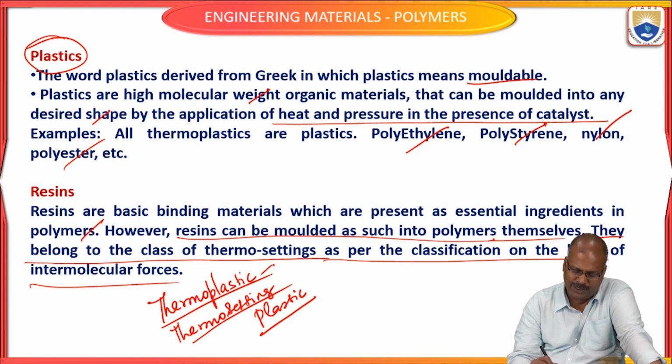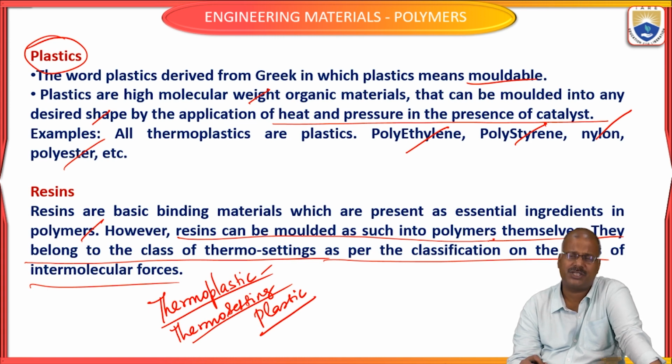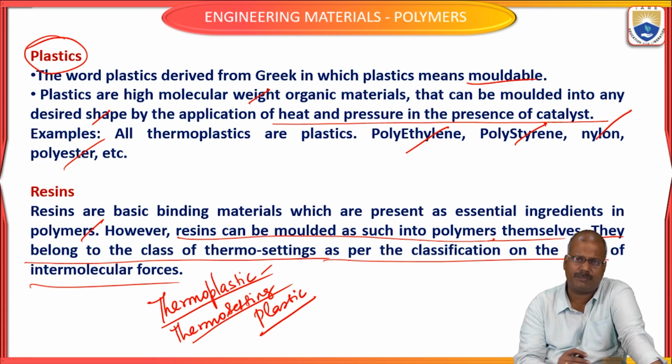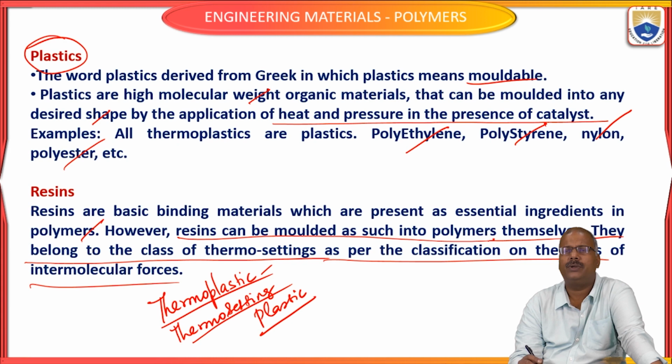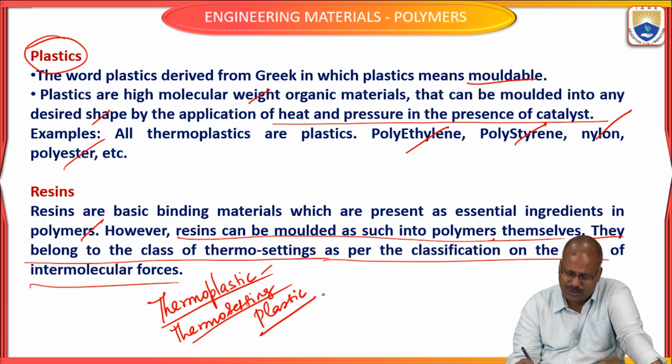Whereas thermosetting plastic, when you heat it, won't get softened, it gets stiffened due to reaction, and then you cannot bring it back to the original shape. This is due to chemical changes, so it is irreversible. That's why it is called thermosetting plastics.